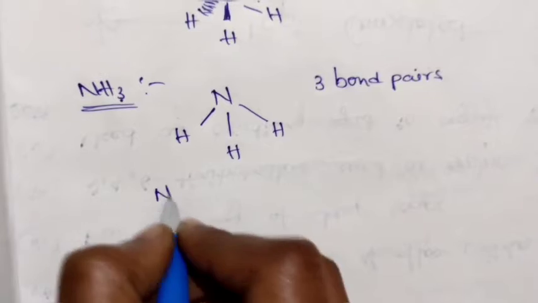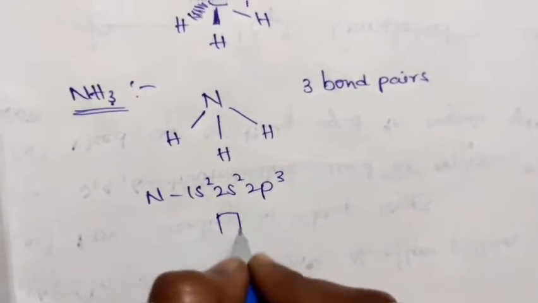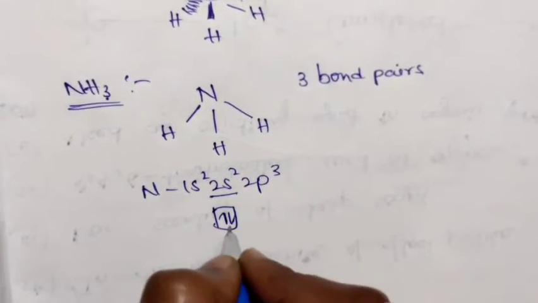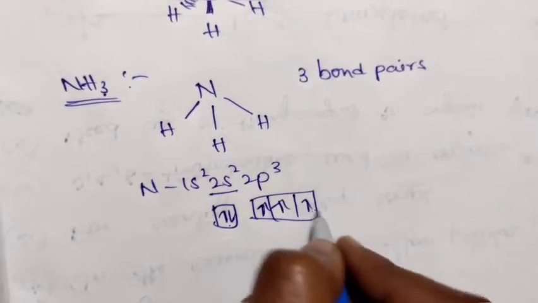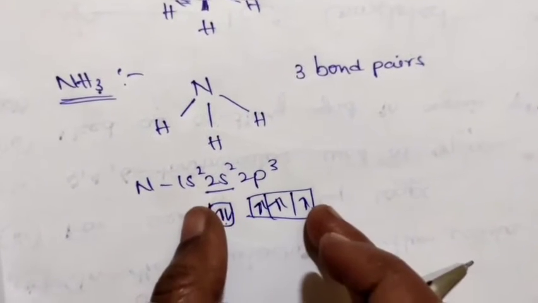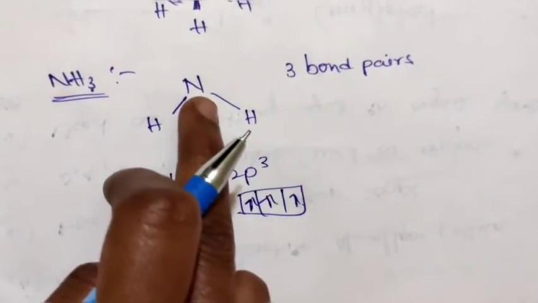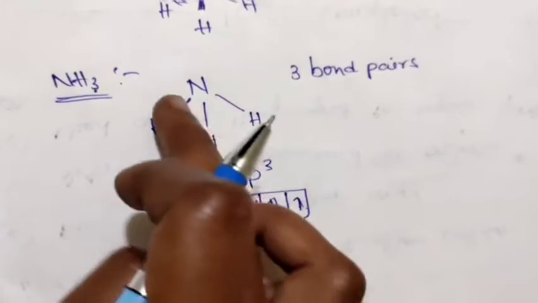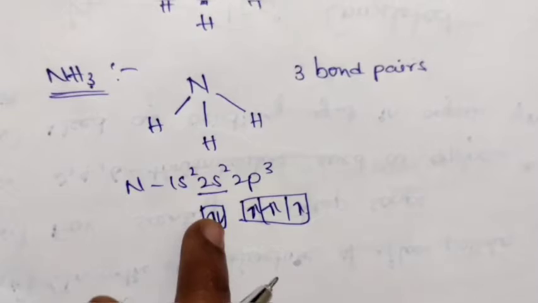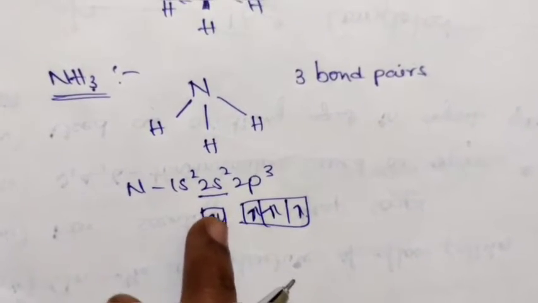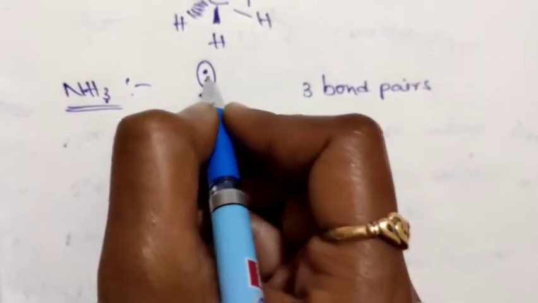That is 1s2, 2s2, 2p3. In the 2s orbital we are having 2 electrons and in the 2p orbital we are having 3 electrons. Total 5 electrons are present in the outermost valency configuration of this nitrogen, and here 3 electrons are already used in the formation of the bonds. The remaining one lone pair is present at the nitrogen.